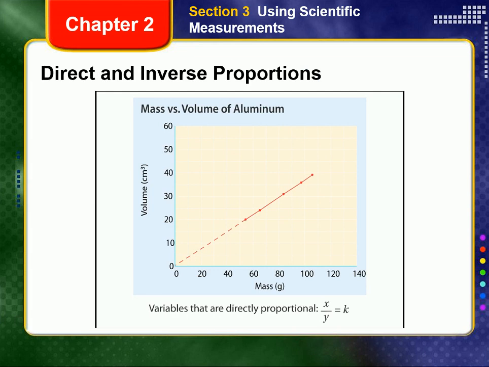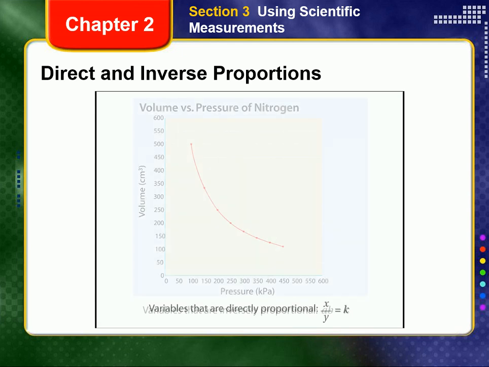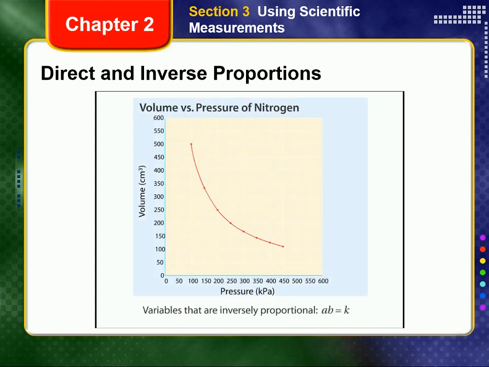Two variables are directly proportional when their quotient is constant. In this example, when we divide the mass by the volume, we get a constant. From the graph, we see that when variables are directly proportional, when one increases, so does the other. Two quantities are inversely proportional when they have a constant product.